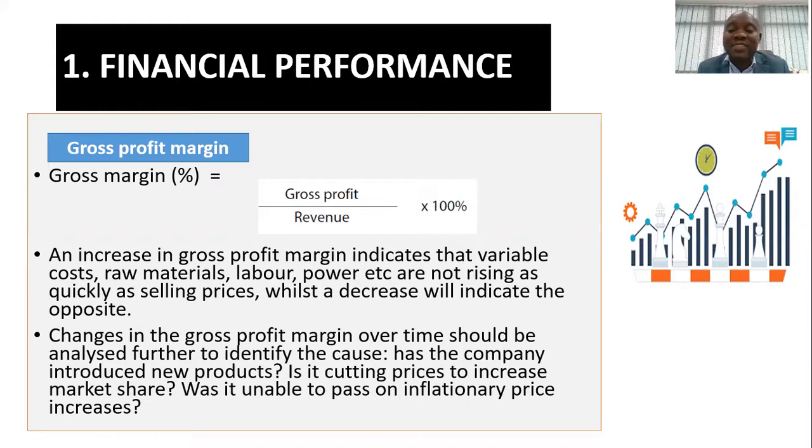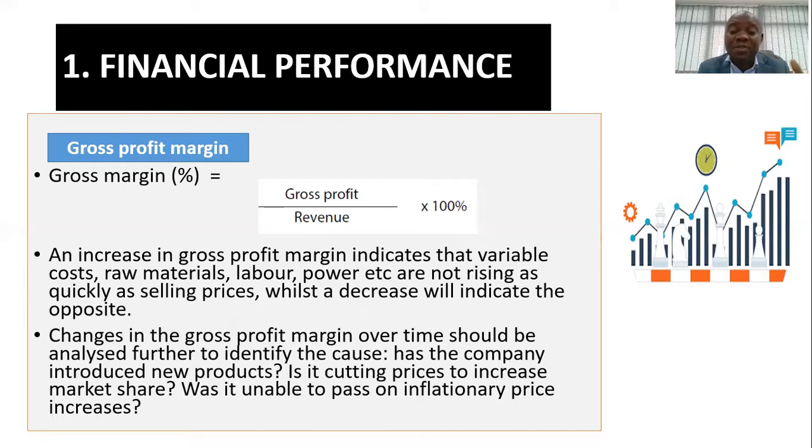Even when you're doing this, you have to compare it with the previous year. You can compare it with your competitor. You can also compare, even when you're comparing the previous year, using the vertical analysis, or you can go horizontal.